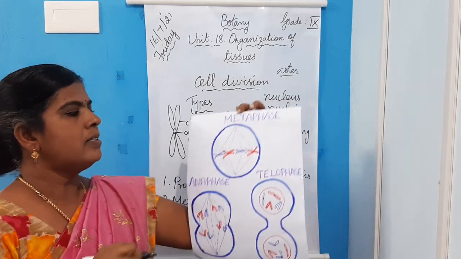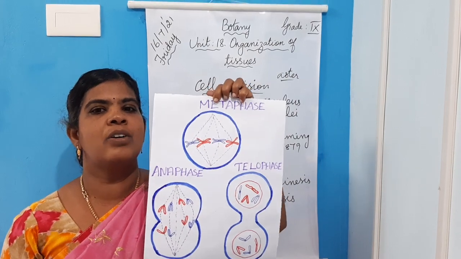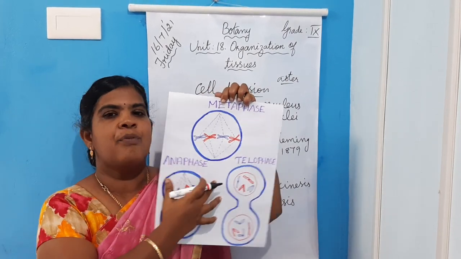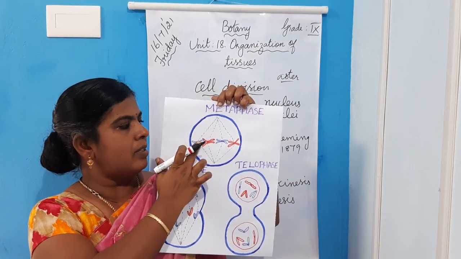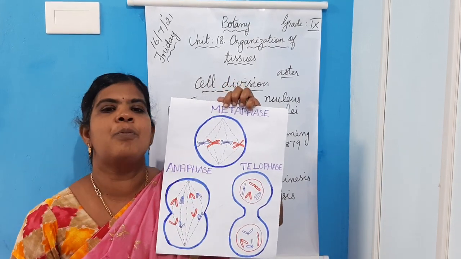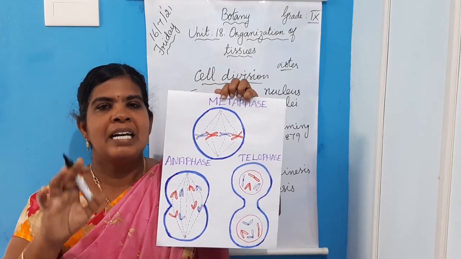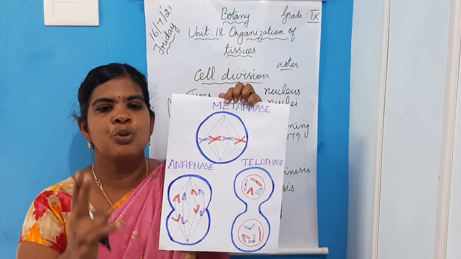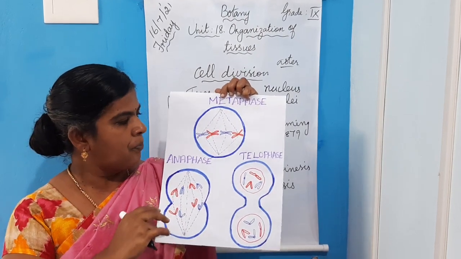So the duplicated chromosomes arrange on the equatorial plane and form the metaphase plate. The centromere of each chromosome divides into two, each being associated with a chromatid.